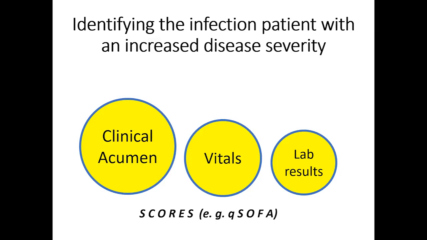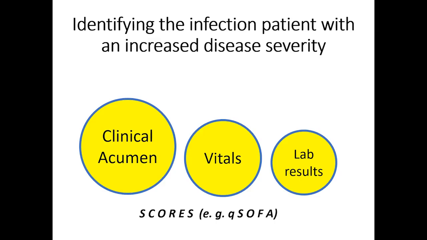At this point, I still want to mention certain scores. For example, the qSOFA, the quick SOFA score, has been suggested as a clinical tool to identify patients with sepsis or an increased disease severity. This is fine, but the problem here, once again, is that the qSOFA score draws a certain line and identifies only patients with a very high disease severity.